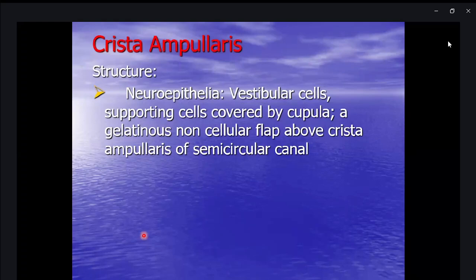And then there is a gelatinous flap, a non-cellular flap, and this gelatinous flap projects into the lumen of the semicircular canal at the crista ampullaris.